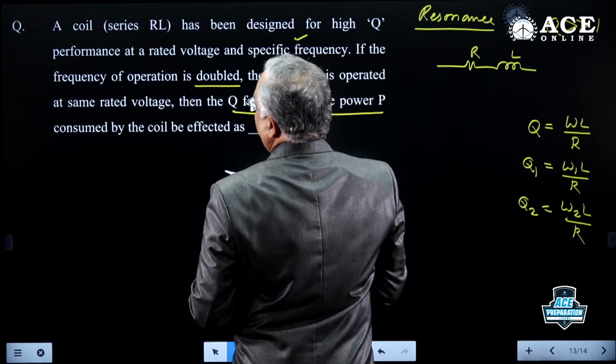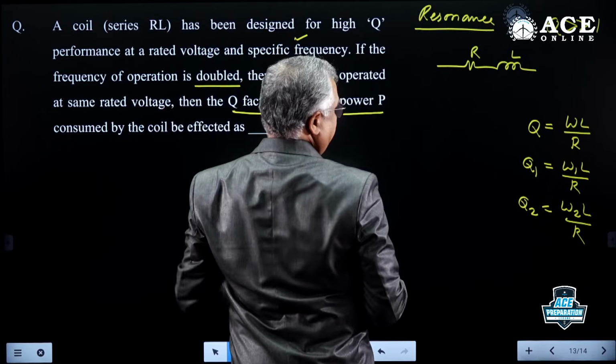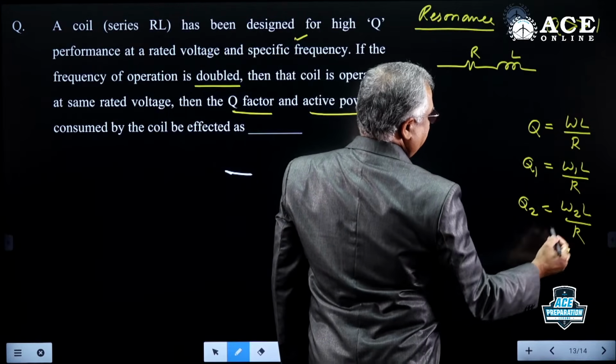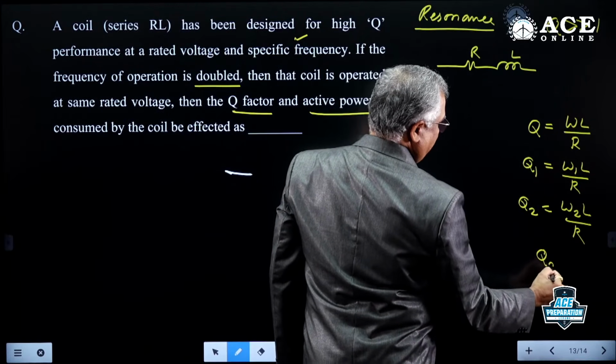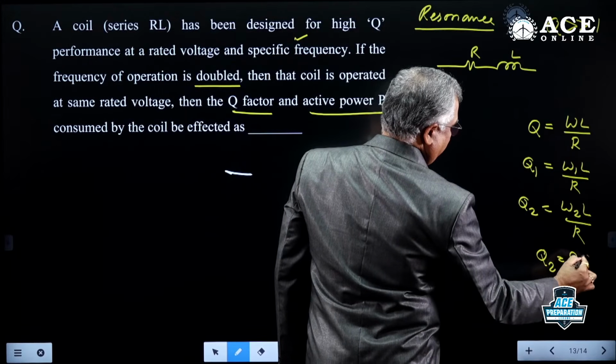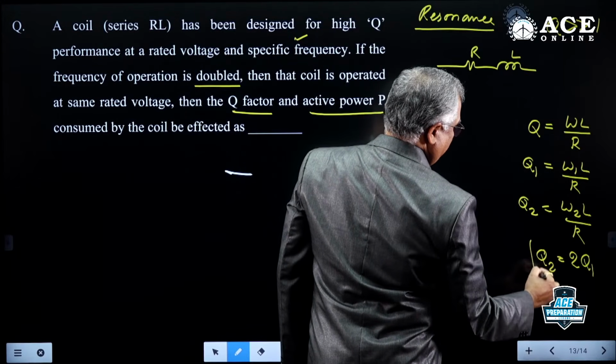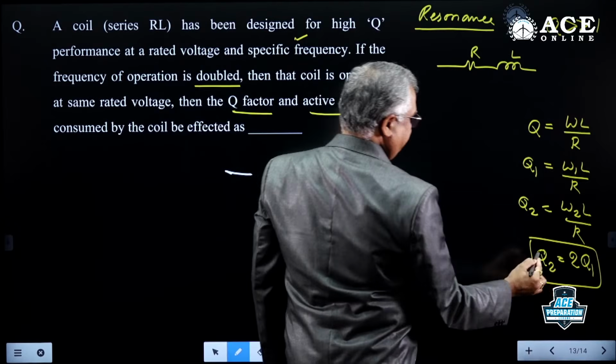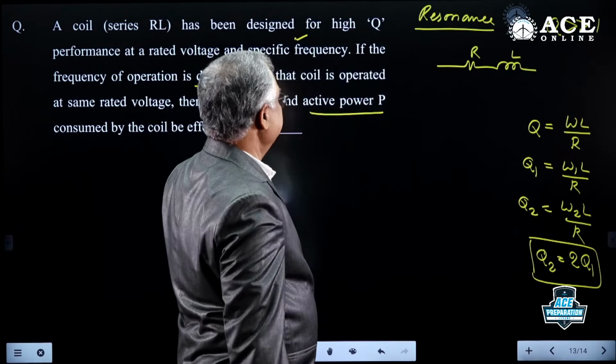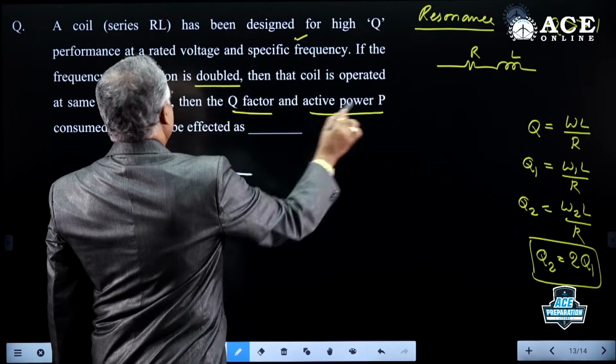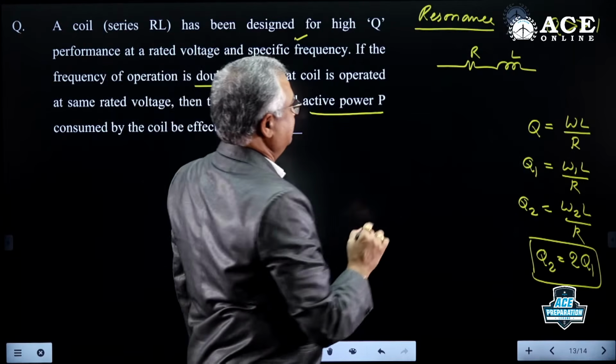Here frequency of operation is doubled. If it is increased 2 times, automatically Q2 equals 2 times Q1. So quality factor will be doubled. That is simple. Then active power, how is it affected?